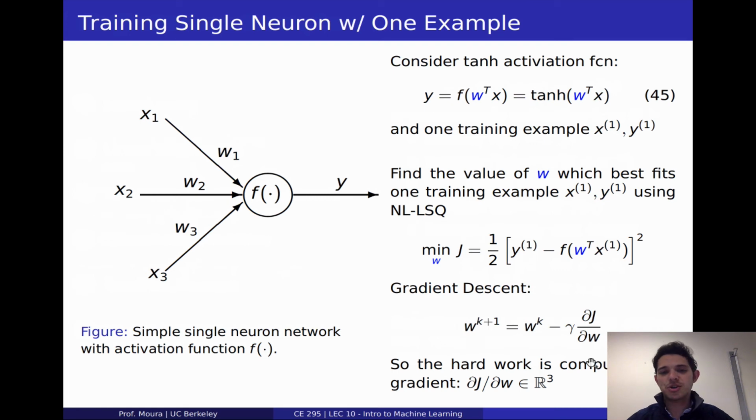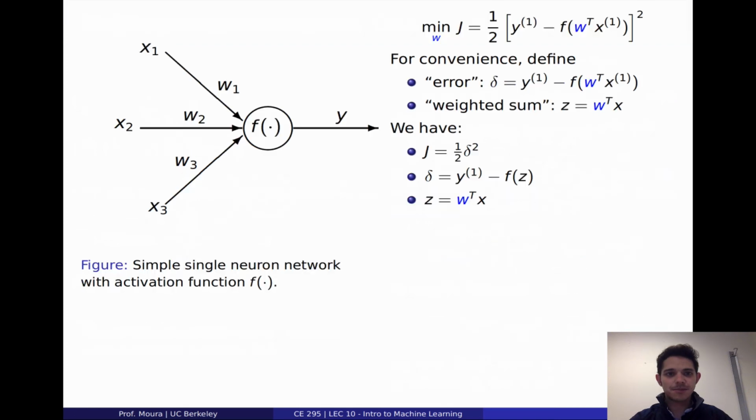Now, in what I'm going to show you next, I'm basically going to set up the very famous backpropagation algorithm, which will apply when you have multiple layers. Because we're only going to talk about a single neuron, we won't get all the way to the backpropagation algorithm, but what I'm going to show you next is going to give you the essential ingredients to understand it.